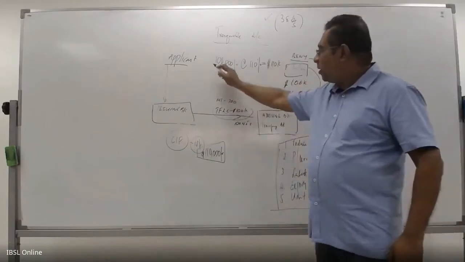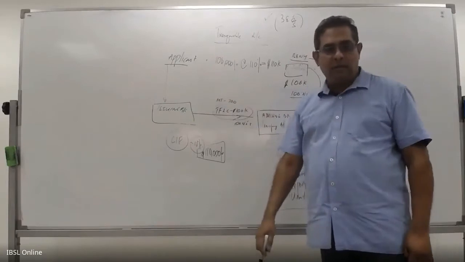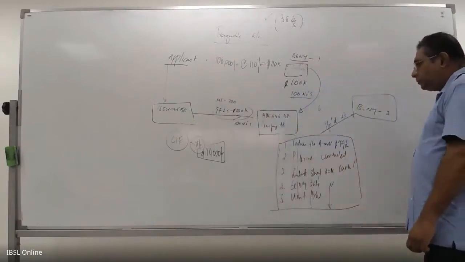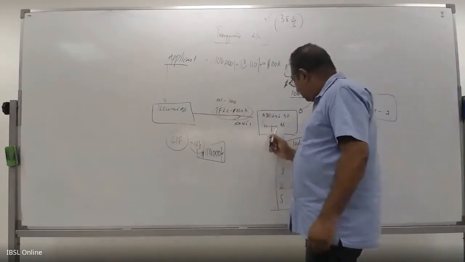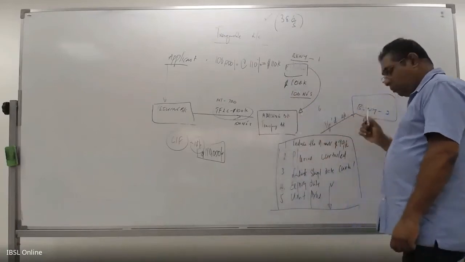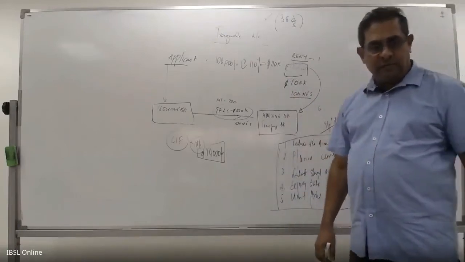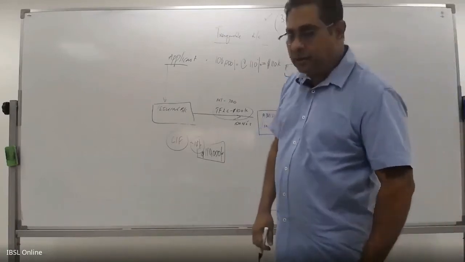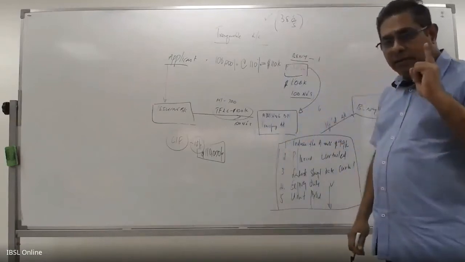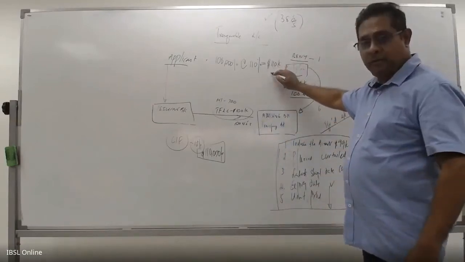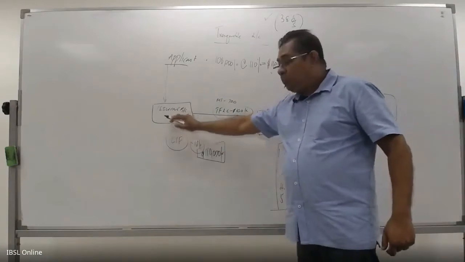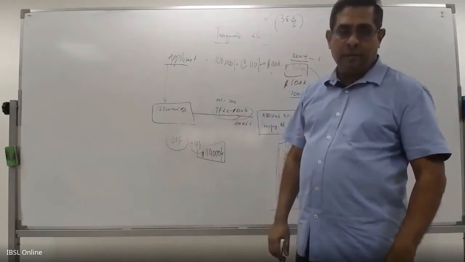Right? Now this cannot be changed. So when the beneficiary 1 tells them to cover the insurance for the second beneficiary, he has to make sure that he will get the policy for 110,000. Otherwise, the issuing bank will cite a discrepancy.